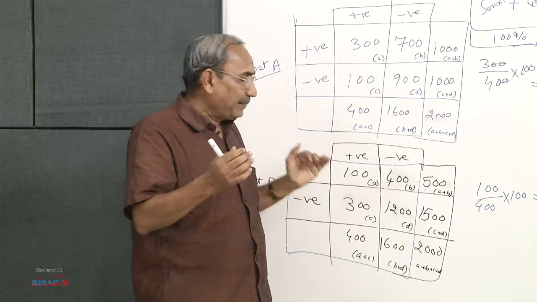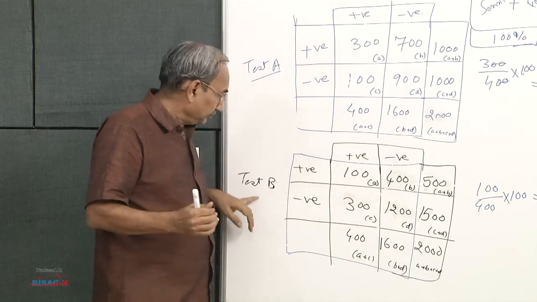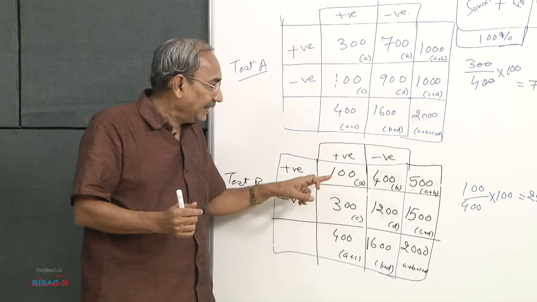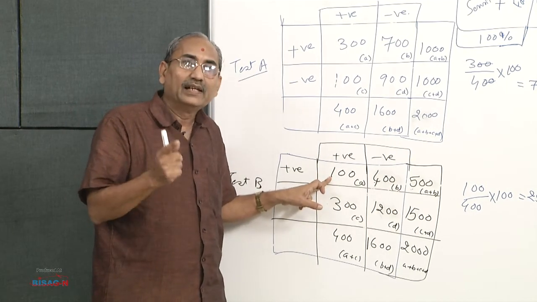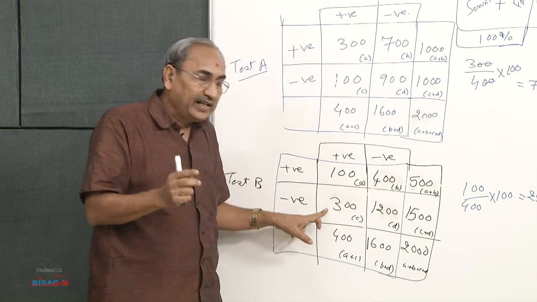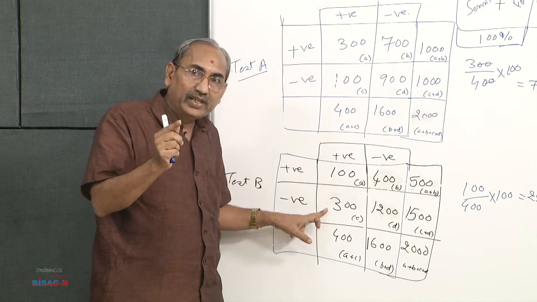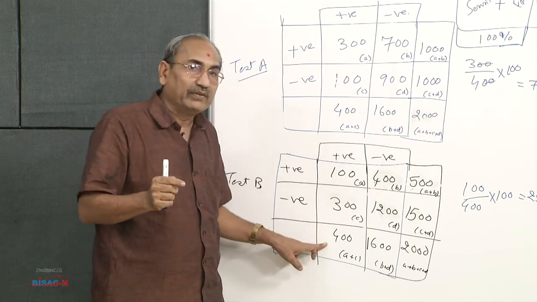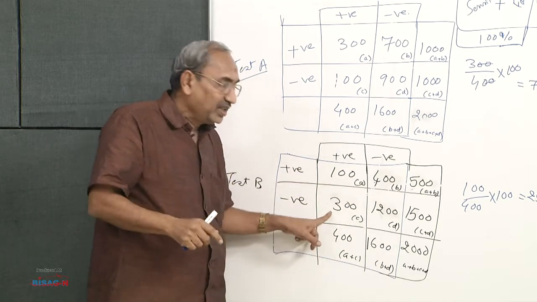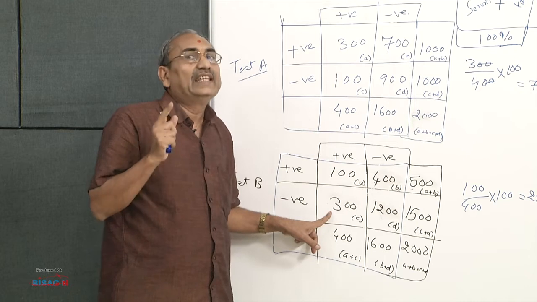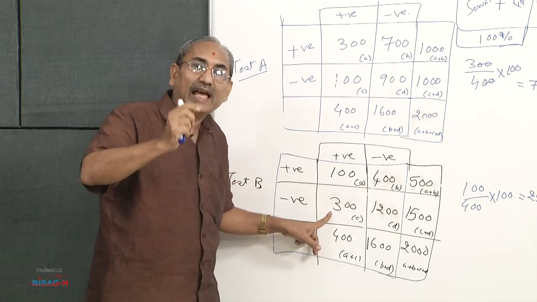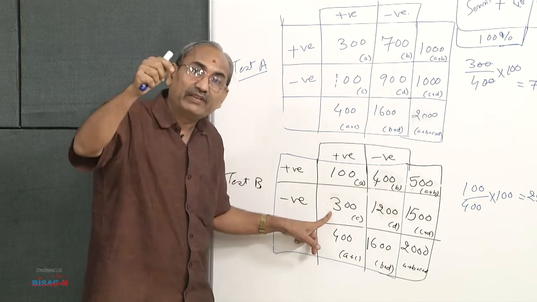Let us see what happens in test B. Out of 400, 100 cases were labeled as positive, true, but 300 were labeled negative even though they were positive. That means 300 people were falsely labeled as negative even though they were positive.